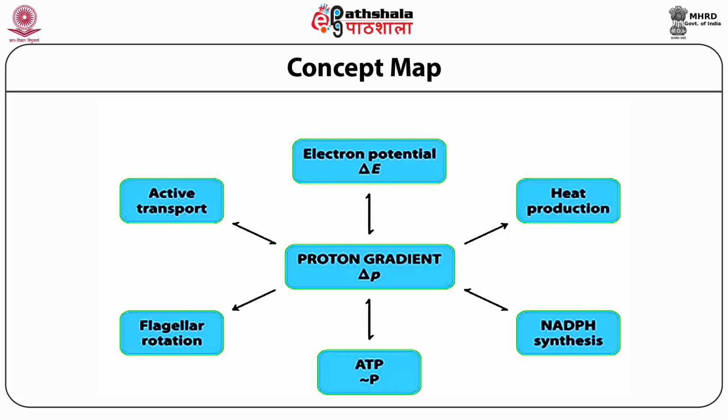This figure gives an overview of the general uses of proton gradients in the proton motive force. We use it in NADPH and ATP synthesis, heat production, flagellar rotation, electron potential, and active transport.